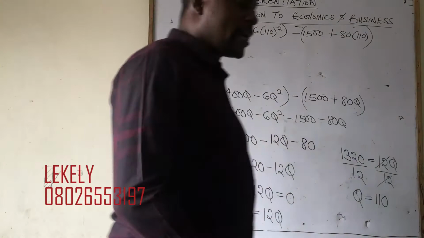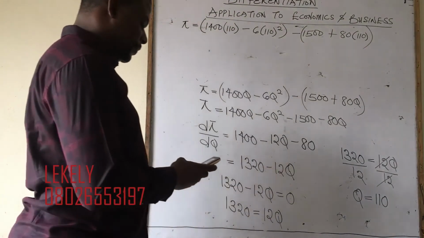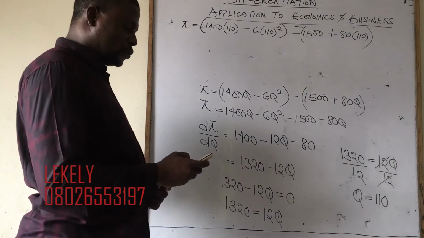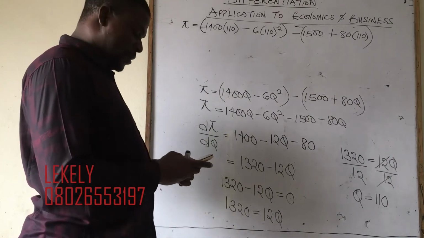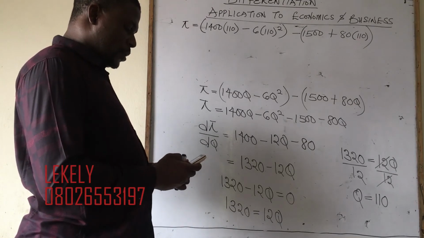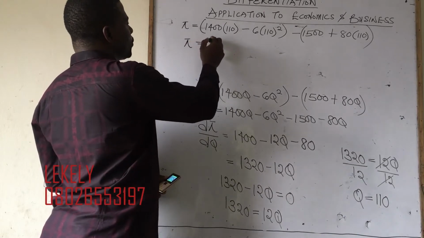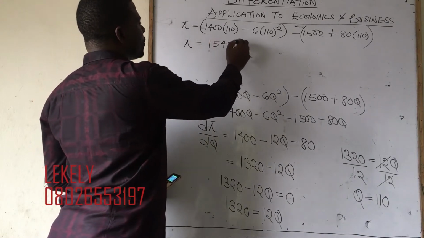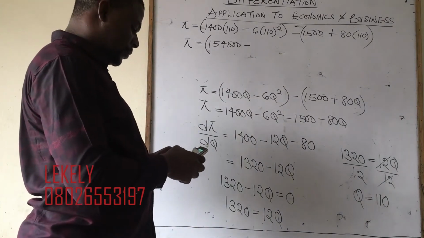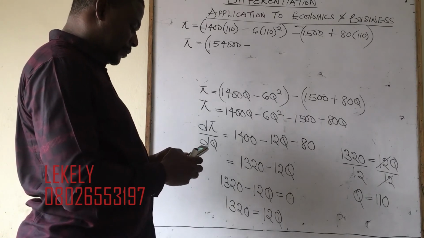So using our calculator to multiply, use your own calculator from your own end to check. So I can say 1400 times 110. That gives us 154,000. So this one is 154,000 minus 110 times 110.